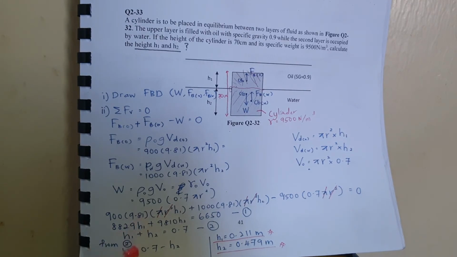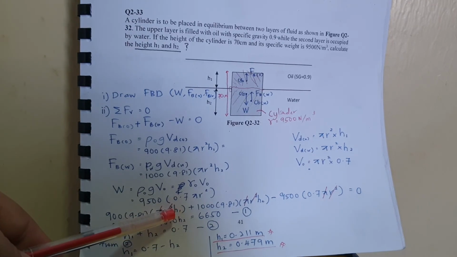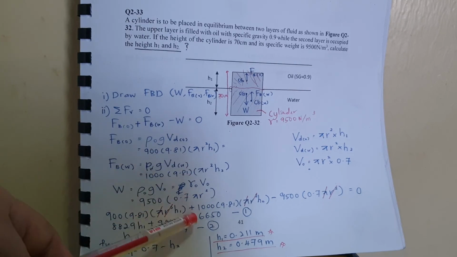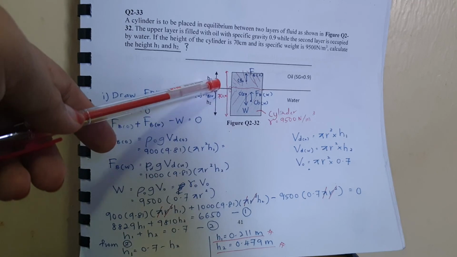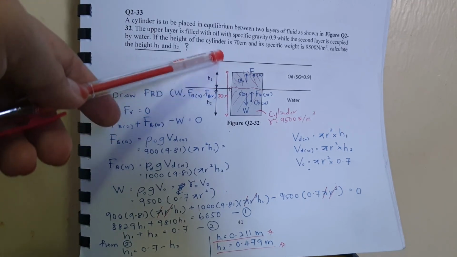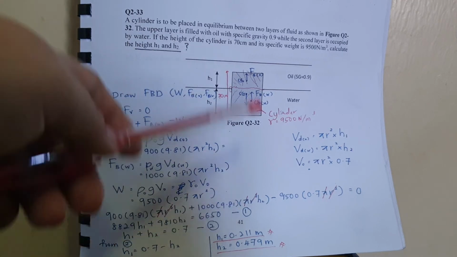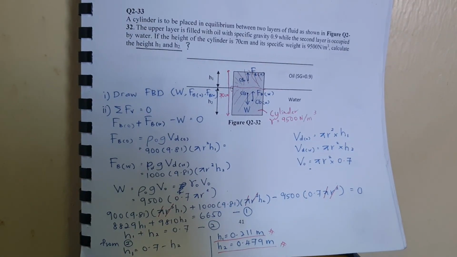From equation 2 we know H1 equal to 0.7 minus H2. So now we substitute this into equation 1. I didn't show it here. So at the end we get H1 equal to 0.211, meaning the immersion displaced in the oil is 0.211, and H2 is 0.479.